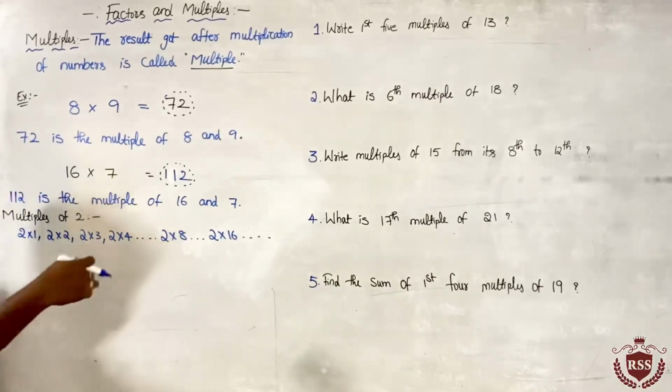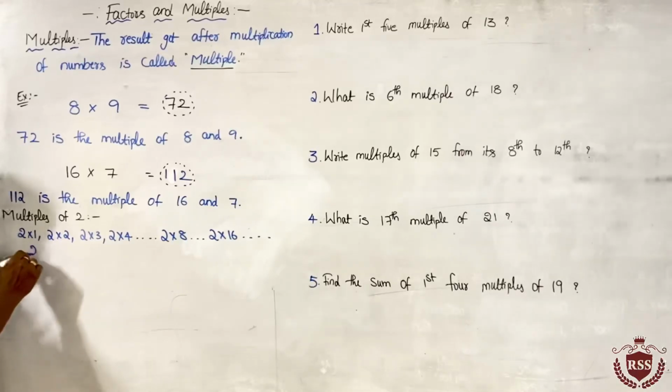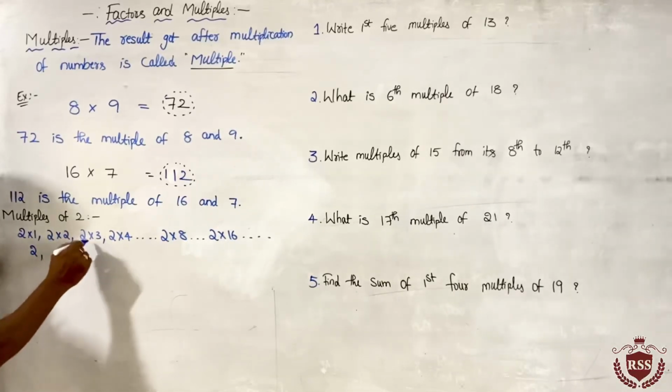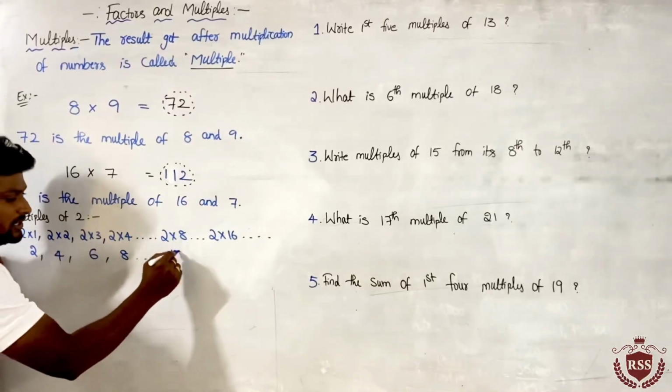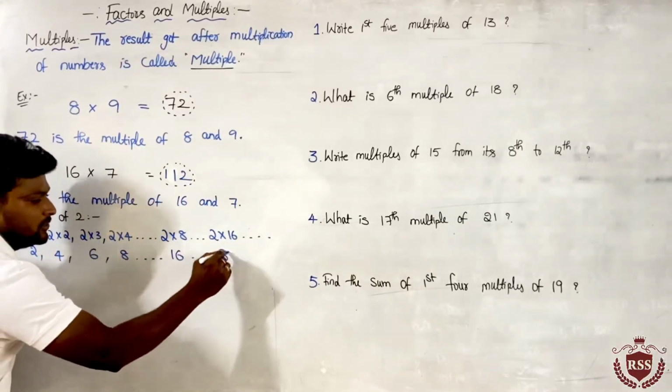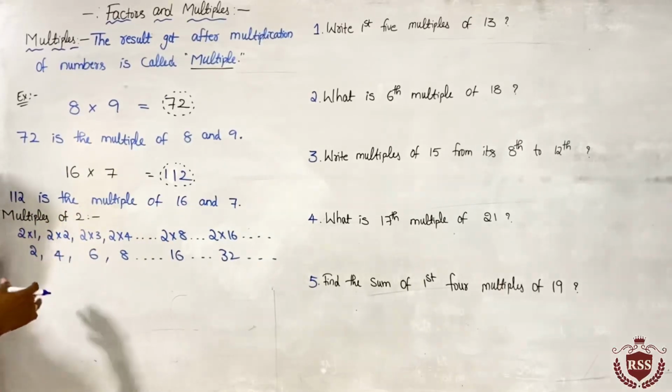Natural numbers are endless, right? So 2 1s are 2, 2 2s are 4, 2 3s are 6, 2 4s are 8 and so on, 2 8s are 16, 2 16s are 32, like that. These are the multiples of 2.